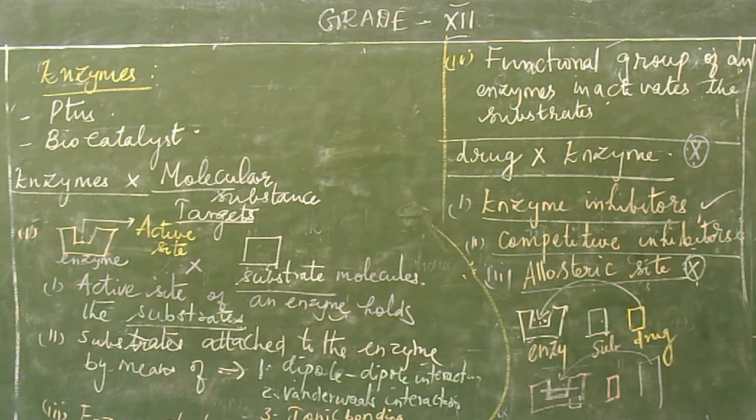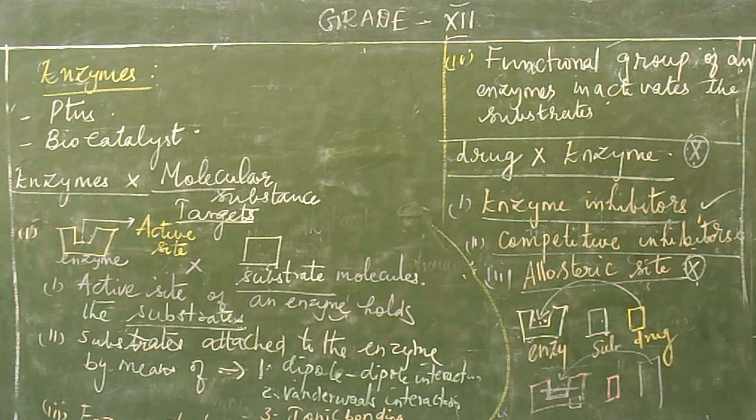Directly attacking the active site, that is enzyme inhibitors. Competitive inhibitors means what? The substrate will be there, the drug will be there, and the drug readily occupies the active site of the enzyme. Once the drug occupies it, the substrate will not find space in the active site. So that is called what? Competitive inhibitors. So that inhibits the substrate molecules. Third one is allosteric site. The drug goes and attaches to any part of the enzyme other than the active site.